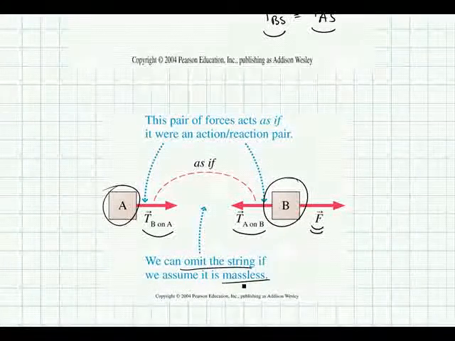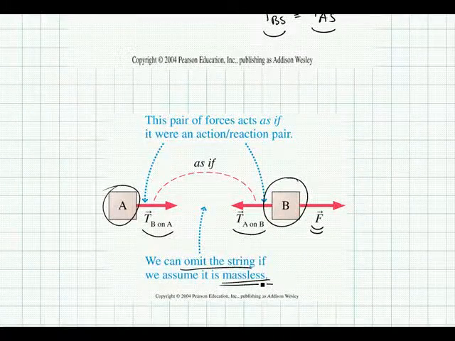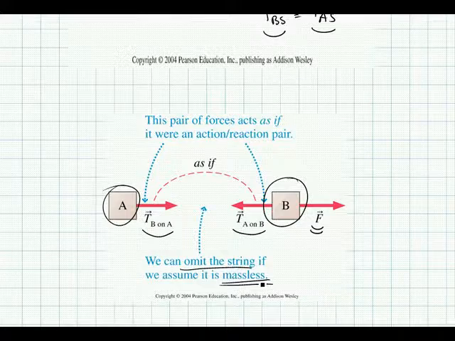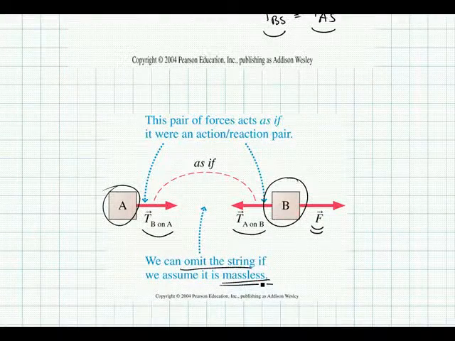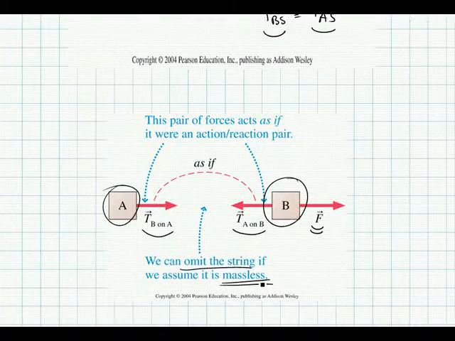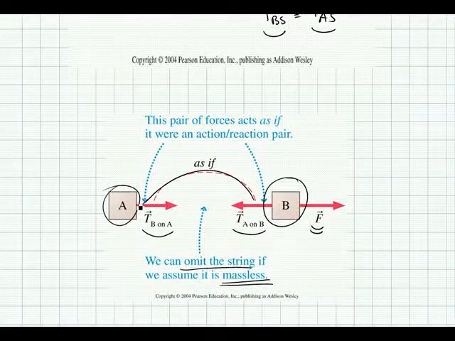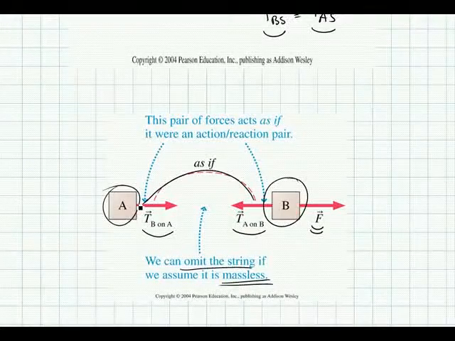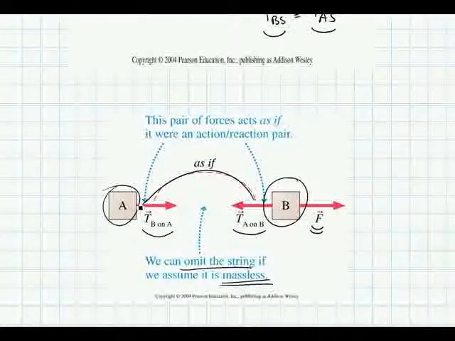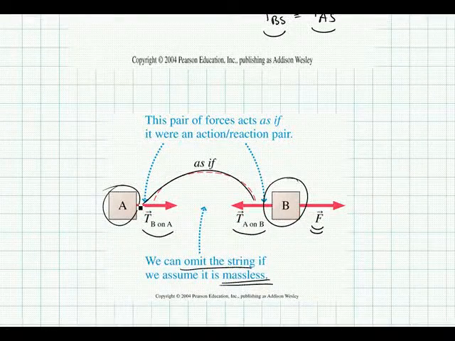Since the string is massless, that's the important thing. In chapter 13 we're going to start adding mass to pulleys and strings, but since the string is massless, these two forces pair up. They act as if they were an action-reaction pair.